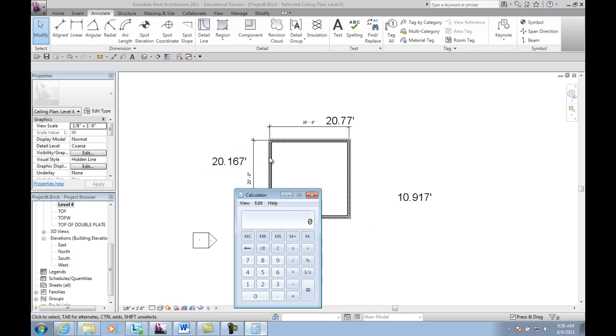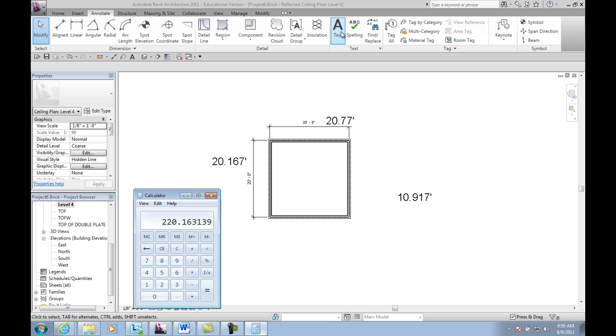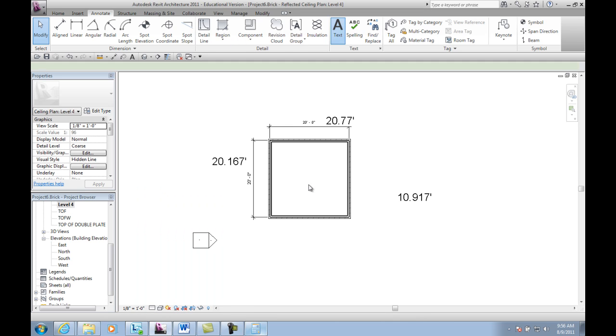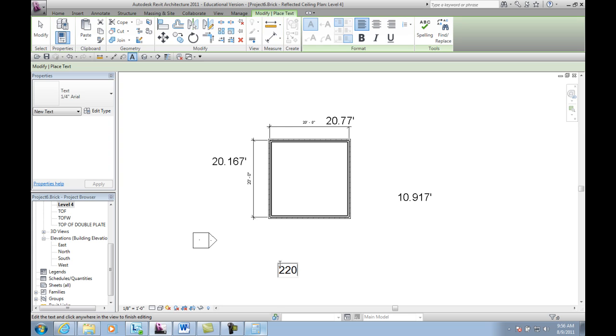Real quick, let's do this side over here. 20.167 times 10.917 equals 220.16, and that's going to be feet squared.